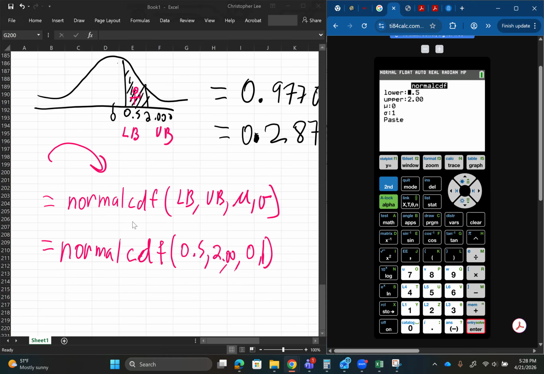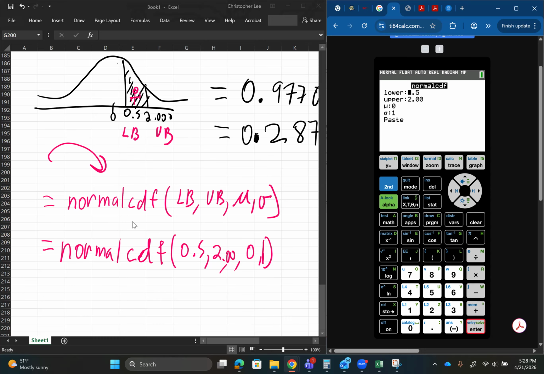Perfect. That's it. You know what is difficult to find in your assignments? The areas. You will find area probabilities. This is the area. But my tutor told me we cannot do areas in the calculator in your assignment. Who said that?